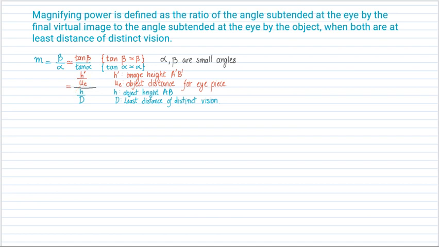So I can write this term as H dash upon UE, and this H, okay, this will be multiplied with the denominator. So H, and this capital D will go to the numerator. Capital D.